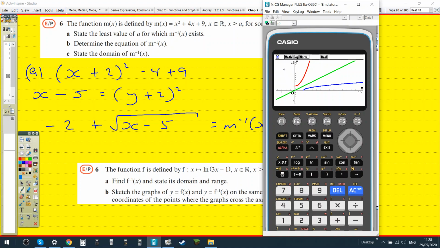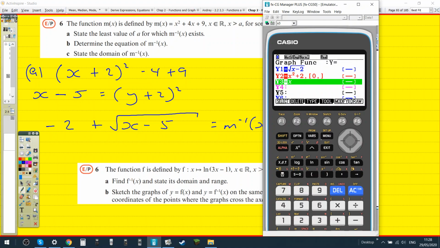Yeah. That was so it becomes a function, so it doesn't have the same y coordinate twice, and it's for that same reason. And if you're stuck, I suppose you could just graph it.